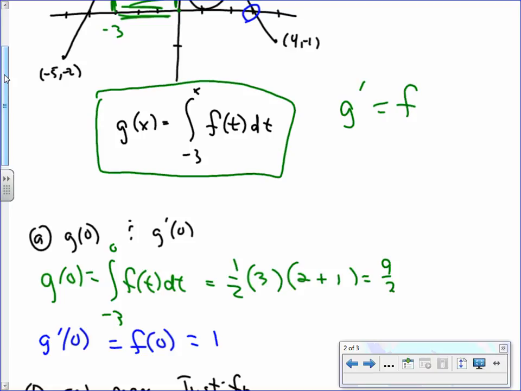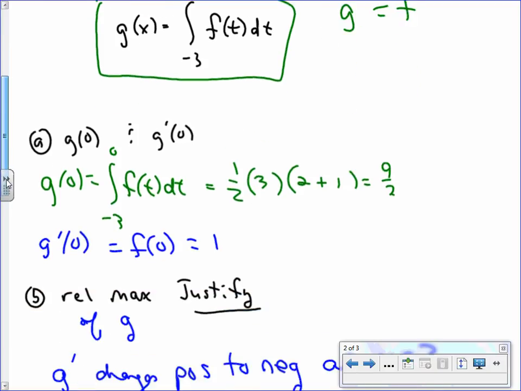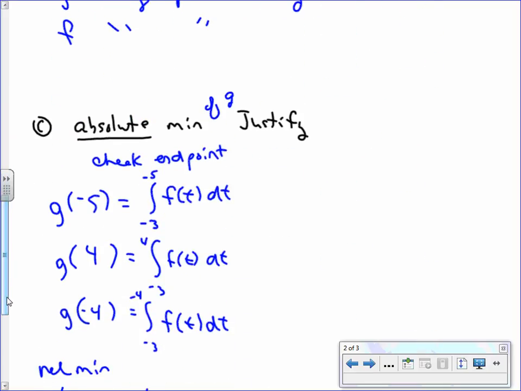Everybody see that? So when you get to this part, once again, pay attention to that definite interval, because this time, two of these are backwards. It's going from -3 back to -5, so you're going to want to put a negative in front of that.